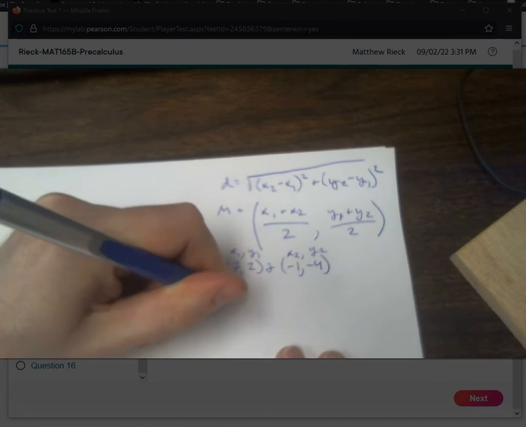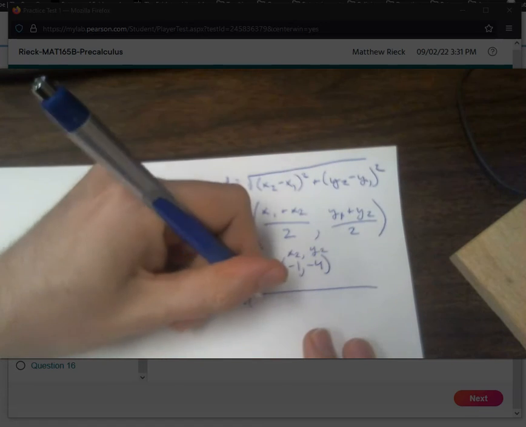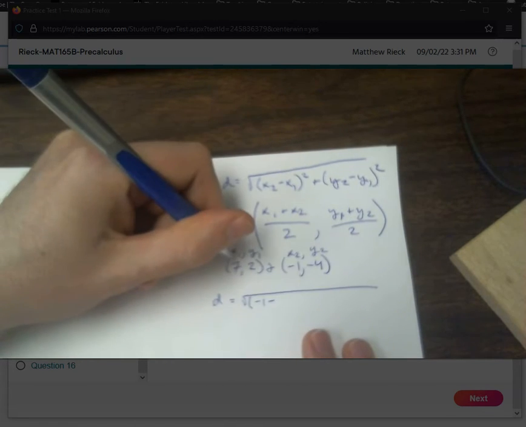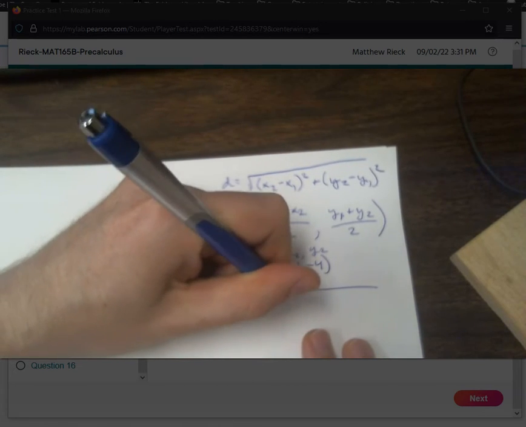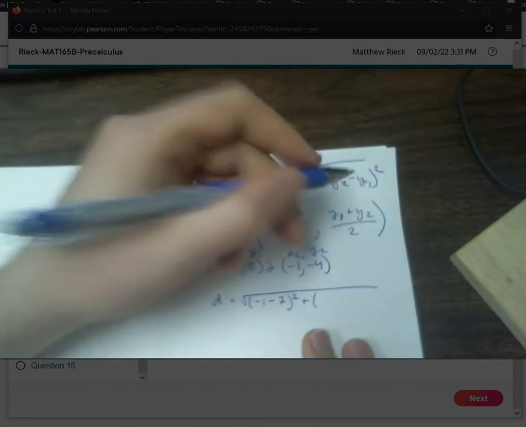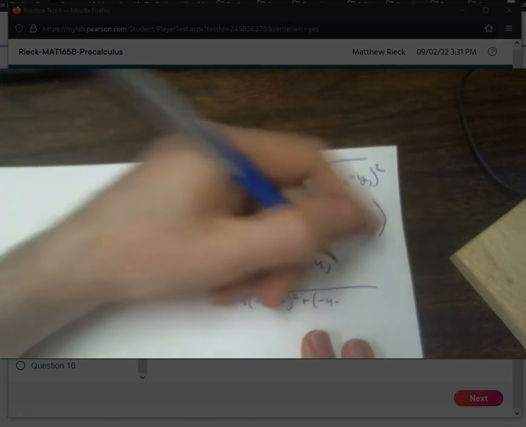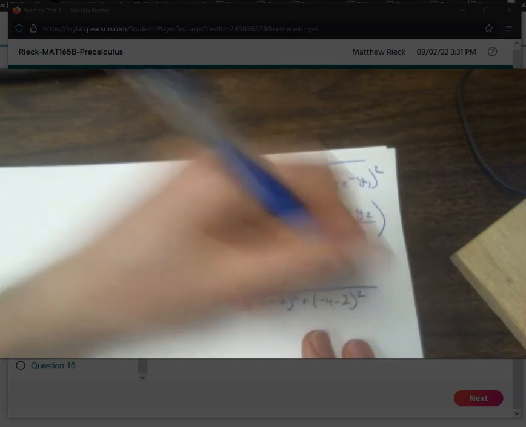So the distance is going to be the square root of x2, which is -1, minus x1, which is 7, squared, plus y2, which is -4, minus your y1, which is 2, squared.